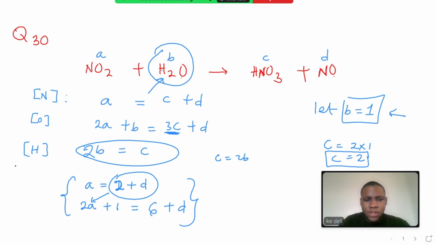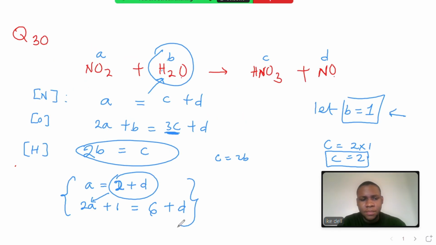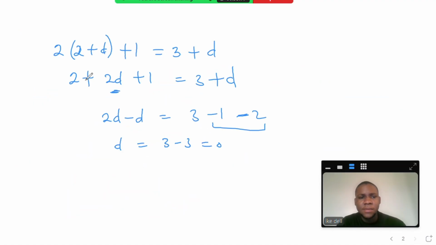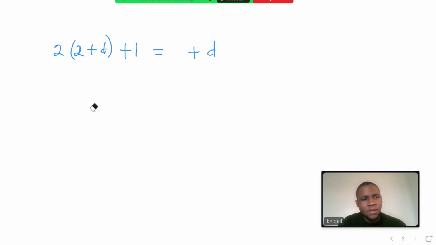Okay, so we're trying to slot that in now. A is equal to 2 plus D, so we're bringing that in there now. So 2 into 2 plus D plus 1 equals 6 plus D. So that should be 6, right? Let me just erase the rest of it. So we're supposed to have 6 plus D right there.